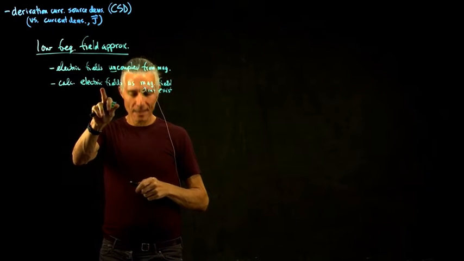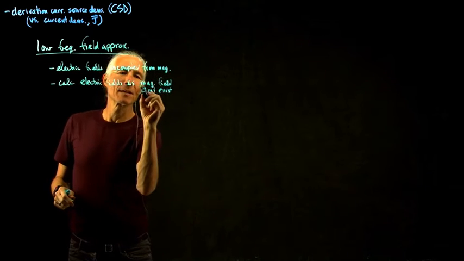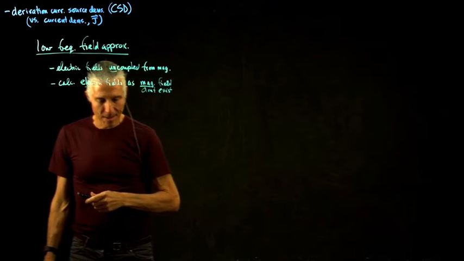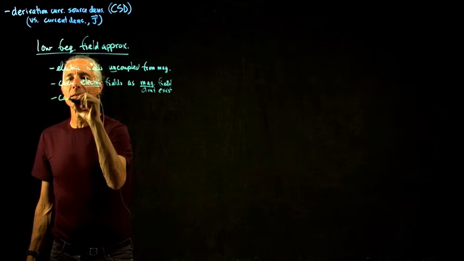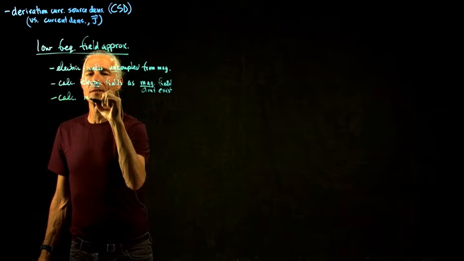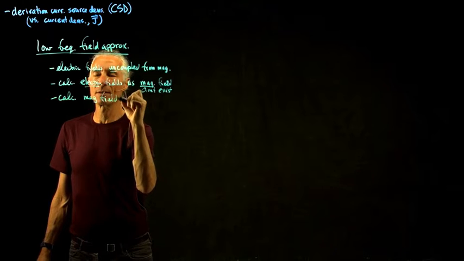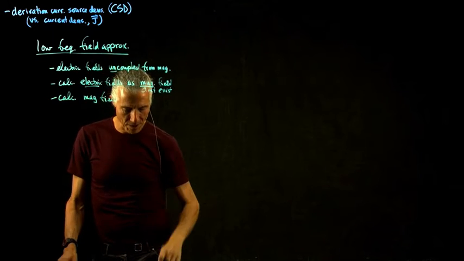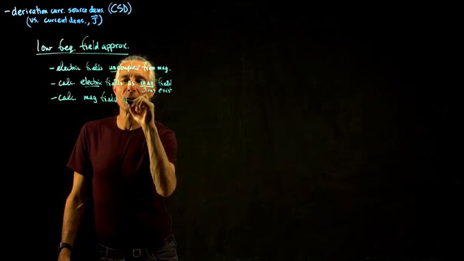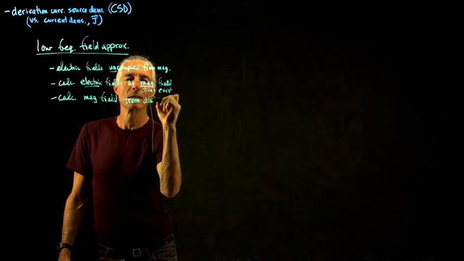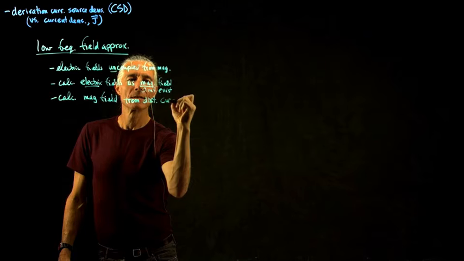So we calculate electric fields as if the magnetic fields don't exist. Then you just calculate the magnetic fields, because we perhaps want to do MEG from currents, from the distribution of currents.